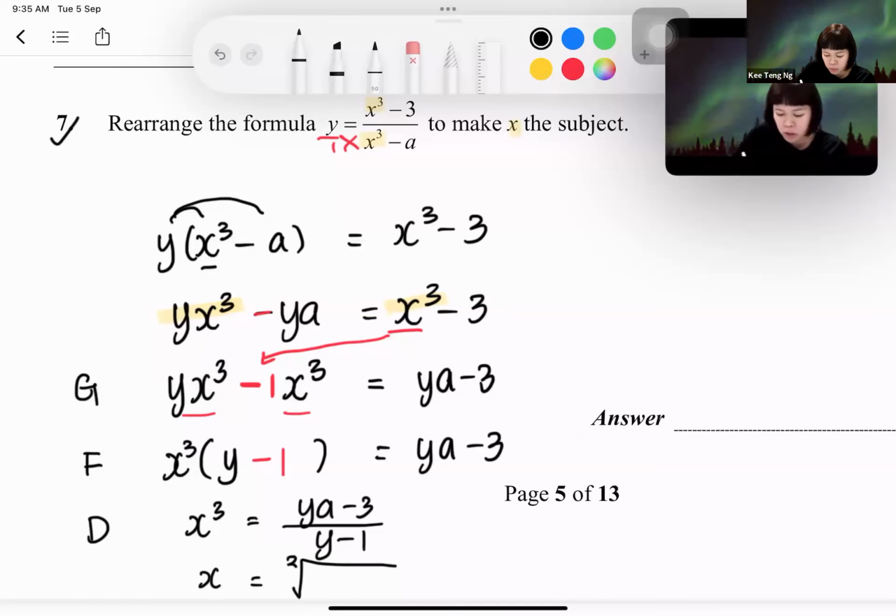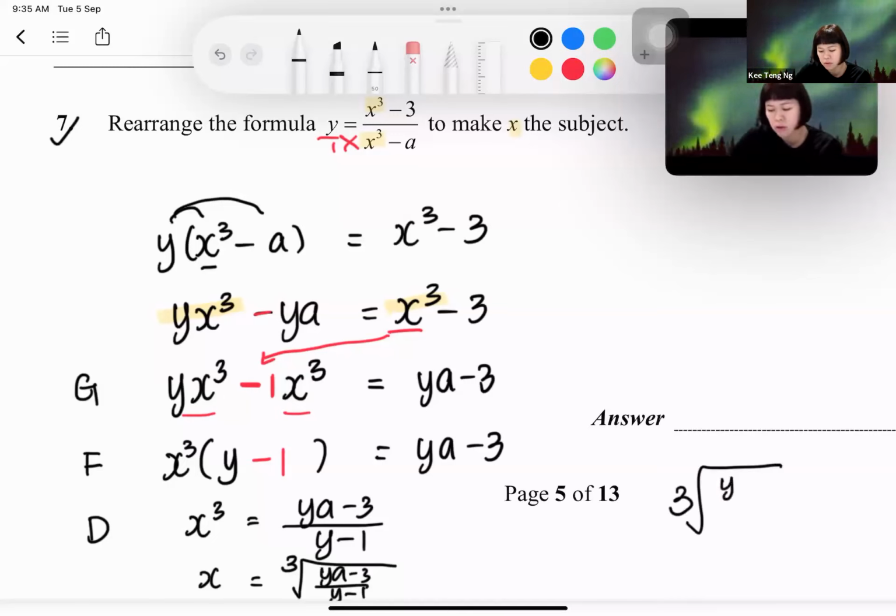So this will be cube root of ya minus 3 over y minus 1. Okay, take note of how you write your cube root. Some students will write the cube like that, then the teacher thinks it's just 3. What is this? This is actually 3 times the square root of ya minus 3 over y minus 1.